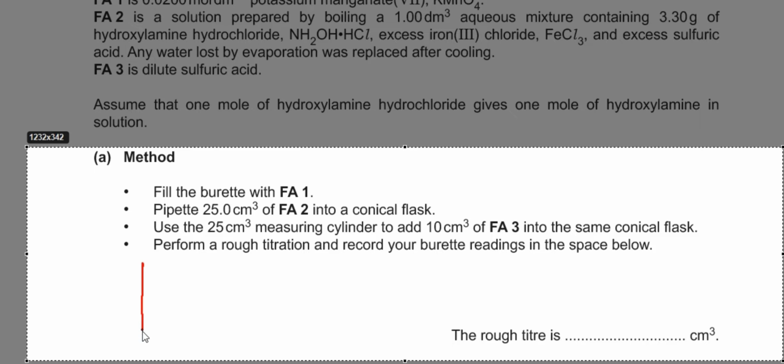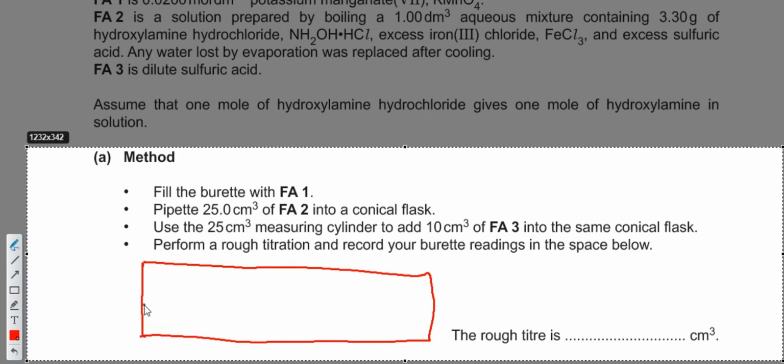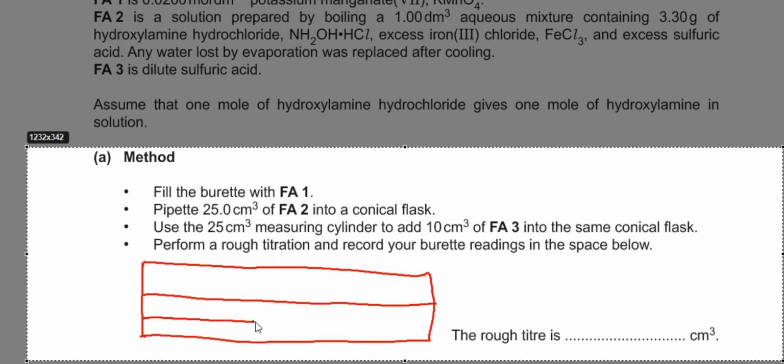Then what to do? Try to make the table. First of all, make the table. That table should have at least 3 rows, and 2 columns, one which is more, the other is less.